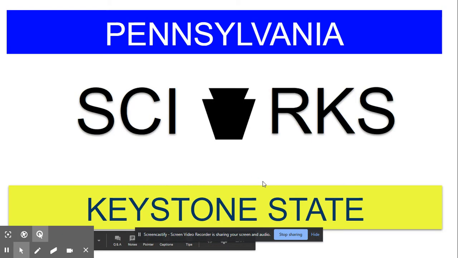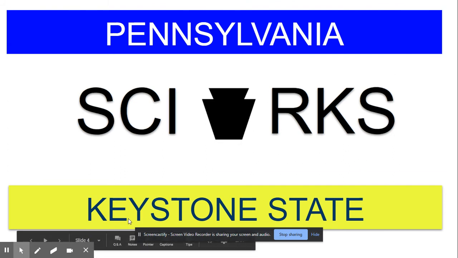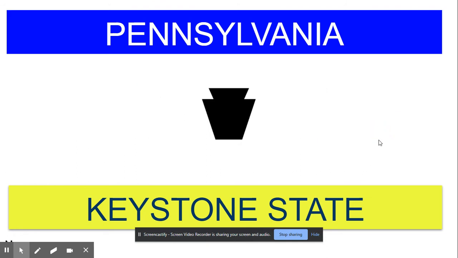So let me go to my slide. So this is my license plate that I came up with, and it is Science Rocks. And I'll go over that in class a little bit and talk a little bit more about myself when we do this together in class. Okay, then as you can see, each license plate after that is just a blank template.